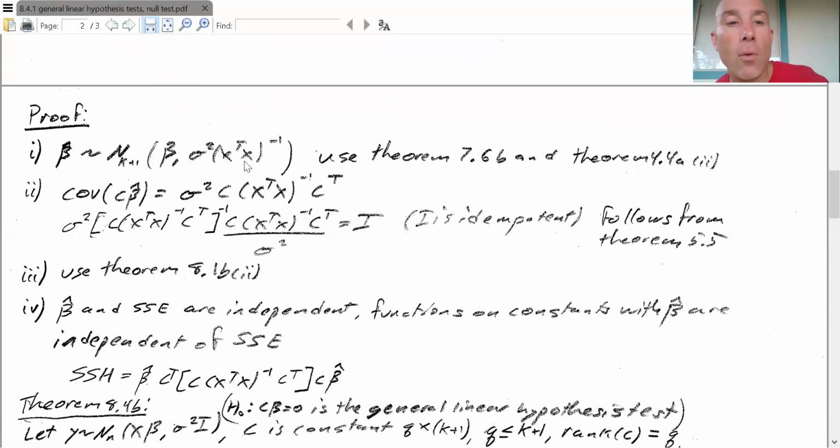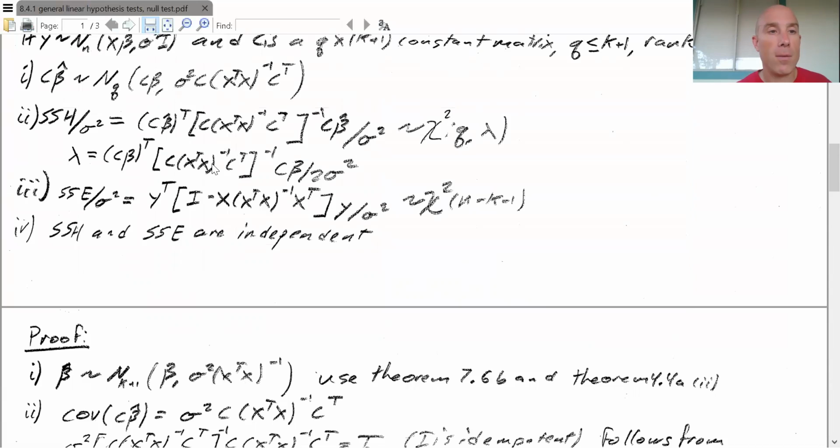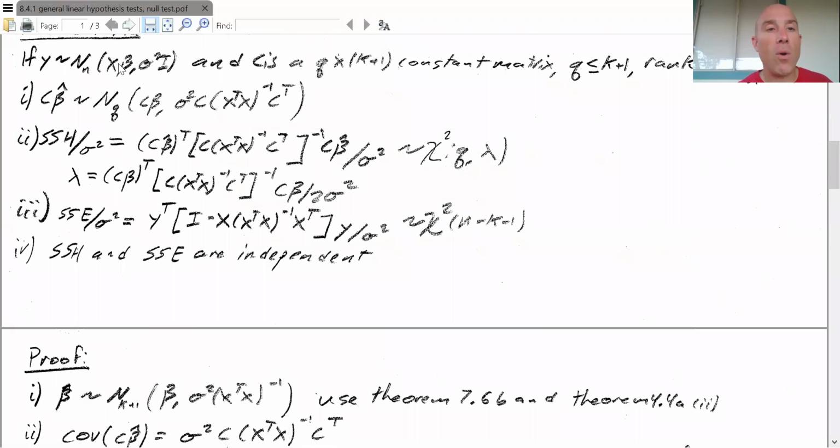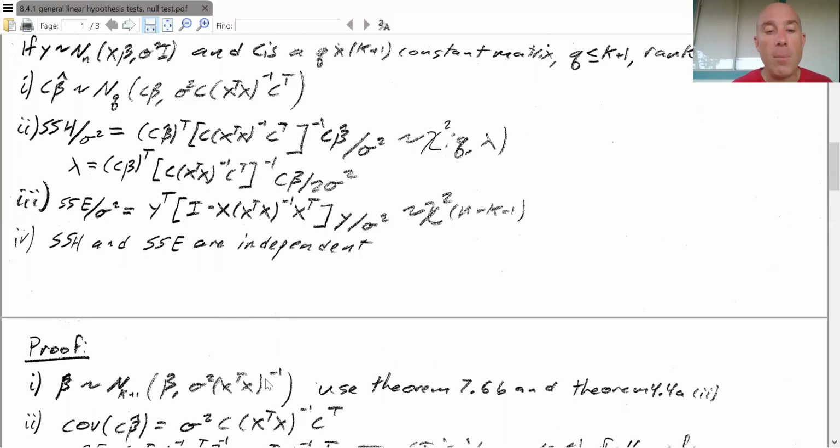Well, if I just apply the formula for how we get this, if we take the expected value on this, we know that we're going to get exactly what we want. And if we take the covariance on this, remember that we're going to have a C and a C transpose popping out on each side, and then we factor out this. We take the covariance of the middle term, and then the sigma squared comes out. Easy peasy lemon squeezy.